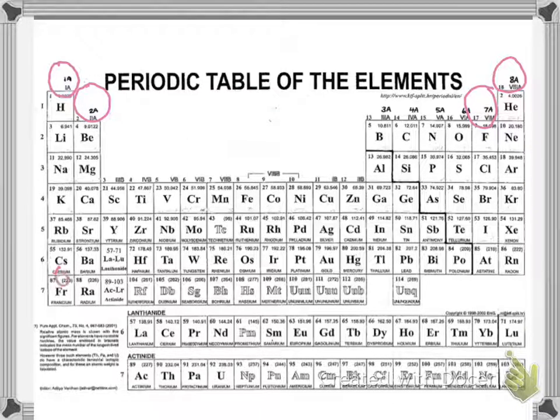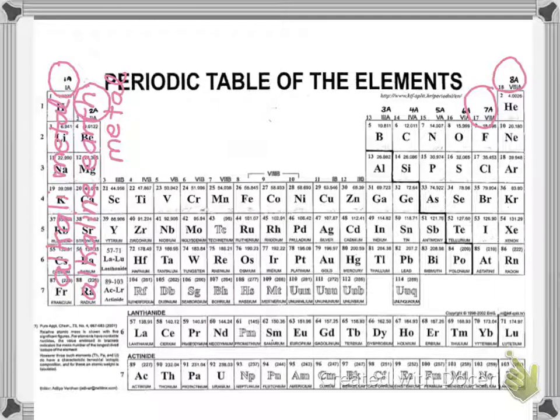Group 1A is called an alkali metal. Group 2A is alkaline earth metal. Let me go back one step to the first group.